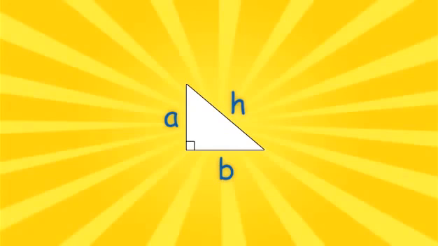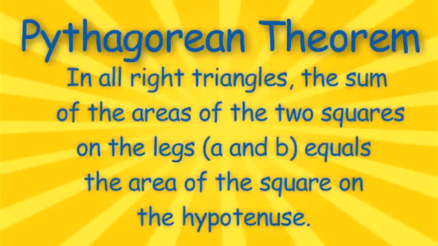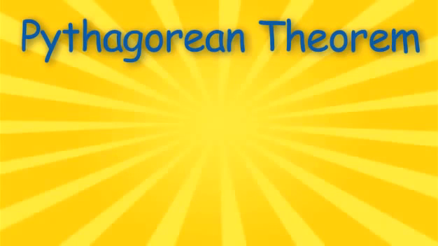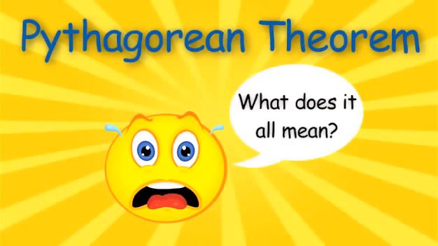Okay, we're ready to learn the Pythagorean theorem. The Pythagorean theorem says that in all right triangles, the sum of the area of the two squares on the legs, A and B, equals the area of the square on the hypotenuse. I know what you're thinking right about now. What does it all mean?